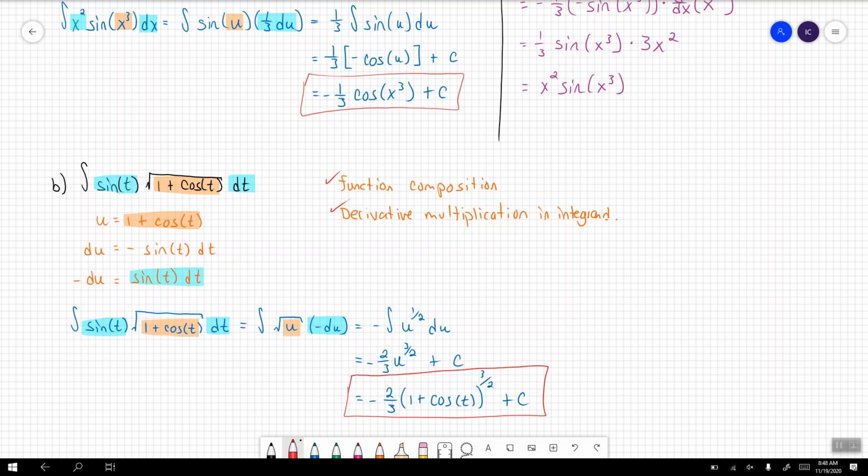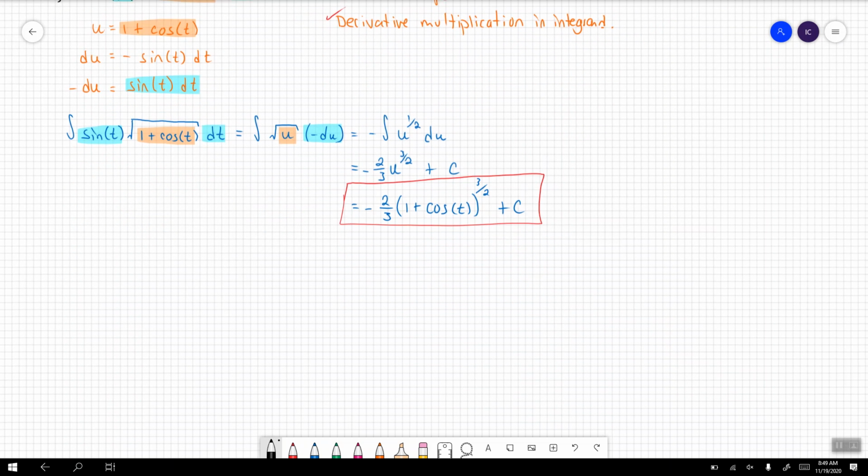In other words, some students sometimes leave the answer as negative 2/3 u to the power of 3/2 plus c when the initial variable was t. A lot of other times, students leave out the constant when it's an indefinite integral. So try to make sure you keep track of those steps as you're working through these. That way you can make sure that you maximize the points that you get. Awesome. Let's keep going.